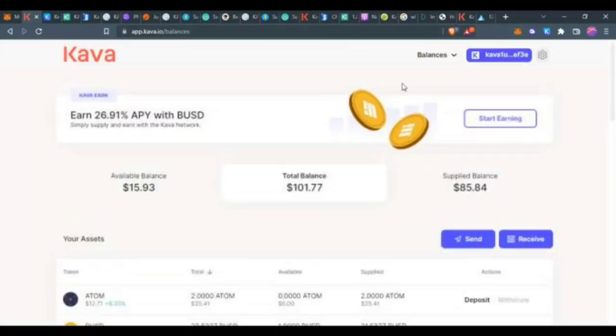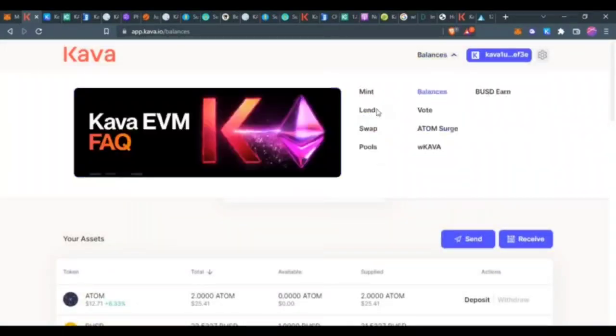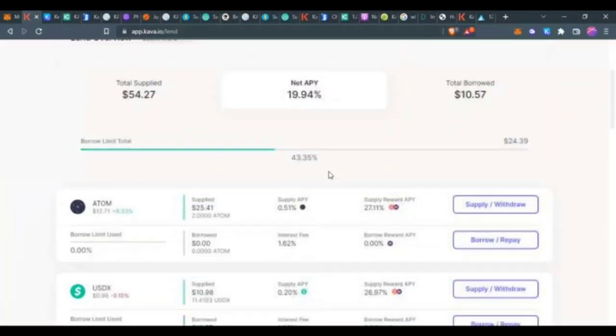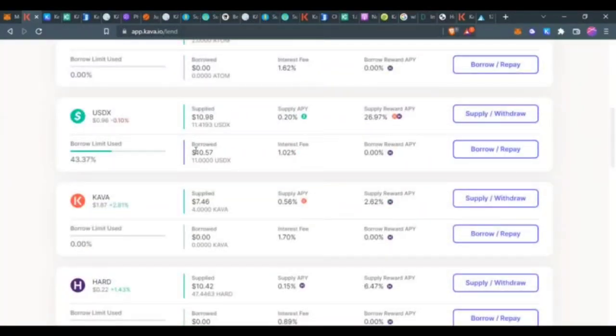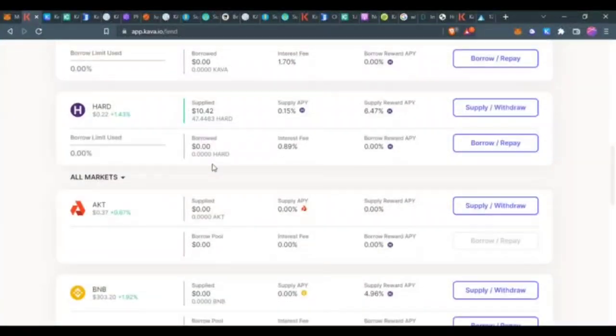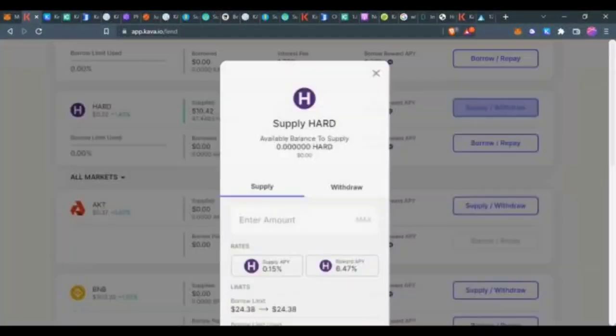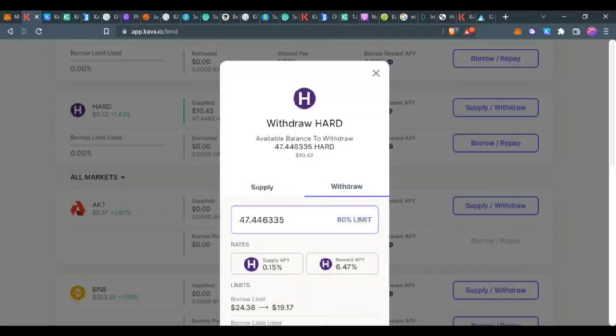Whoop, let's go to our lending. There we go. So first thing you have to do is repay the $10.57. You repay that, right? Then you will be able to withdraw any one of these other assets by going to withdraw.